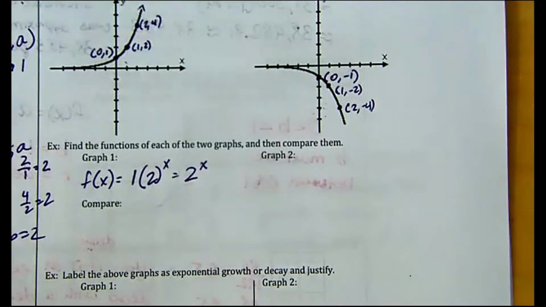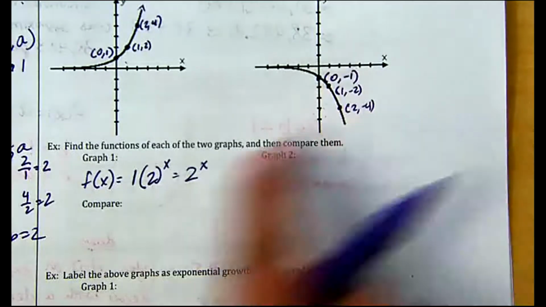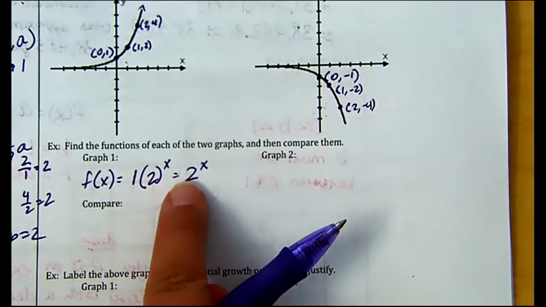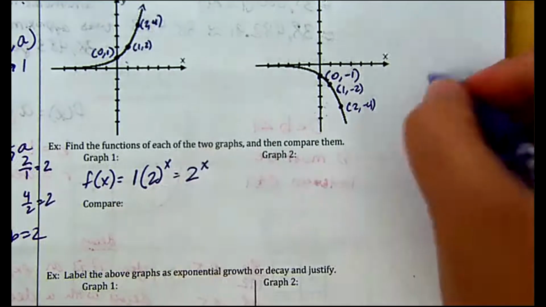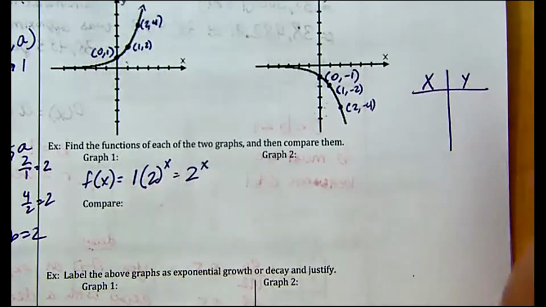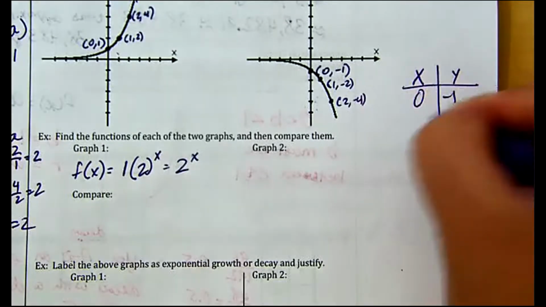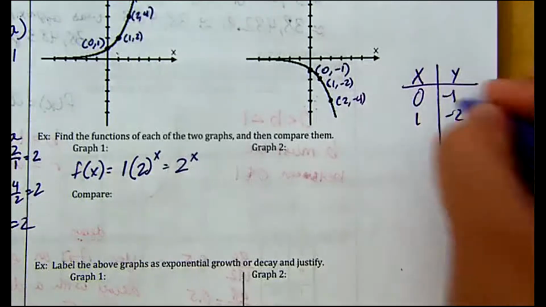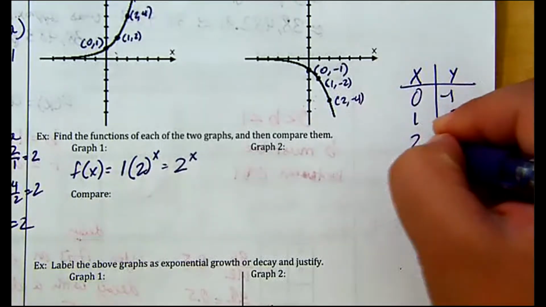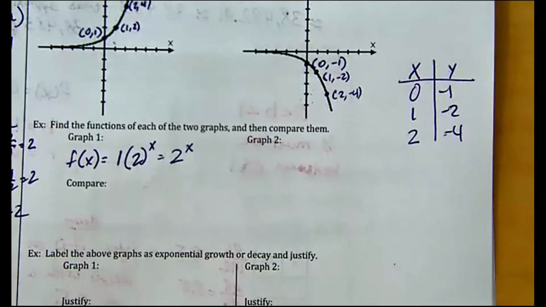So the question is, is my base negative as well, or is it just the a? If I take a look at my x comma f of x, I have (0, -1), (1, -2), and (2, -4), okay?